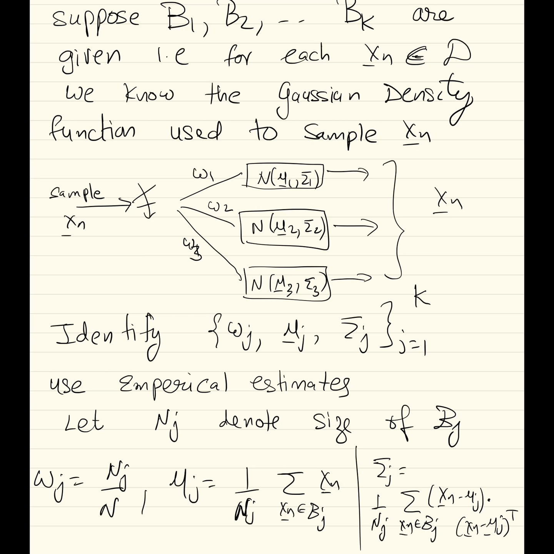Will this still apply? So the setting is that you have n data points. You assume your density function is a mixture of Gaussians. You know that there are k Gaussians. And you want to estimate the parameters of this density function, the wj's, mu j's, and sigma j's, given this data set. Once you have computed it, you can compute the probability assigned to new data points you have not seen from this function.